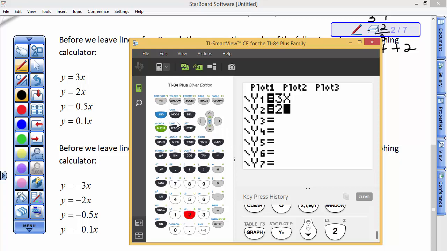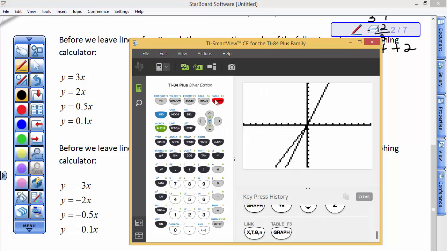And that 2x is going to come in next. And I'd like to share with you now that the number in front of x impacts the slope of the line, how steep it is. So the 3x was this steep line, and the 2x was a little bit less steep.